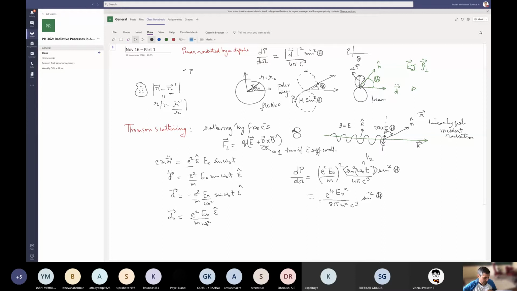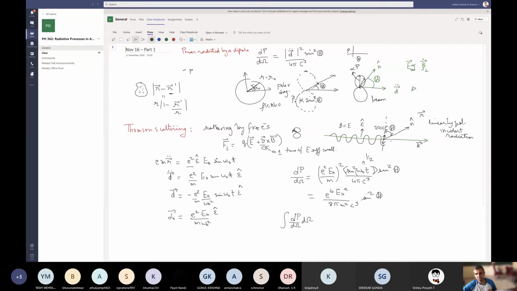What about the total power? The total power is nothing but this integrated over all solid angles. So that's the total power. So this is the power scattered. Basically, this is the power due to these oscillating dipoles in some direction, and this is the total power if you integrate it over all angles.